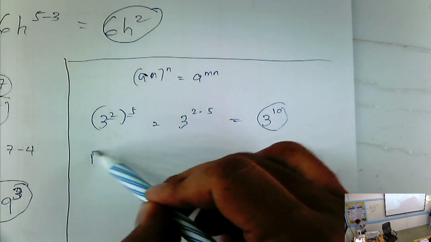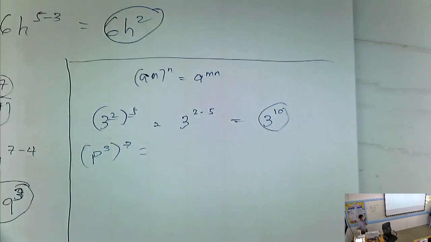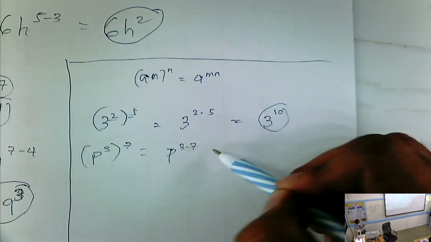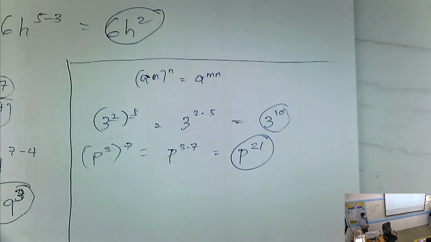How about this one? p to the power of 3 to the power of 7. What is the answer? Okay, very good. So that would be p to the power of 3 times 7, which is equal to p to the power of 21. Do you understand? Let us have some more examples.